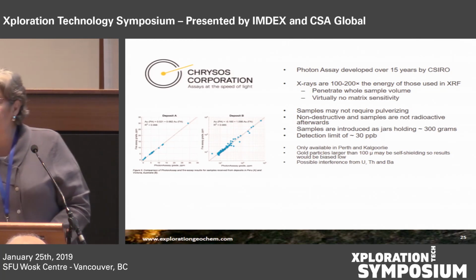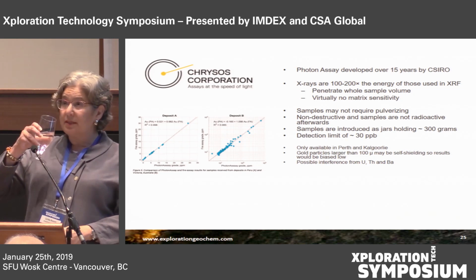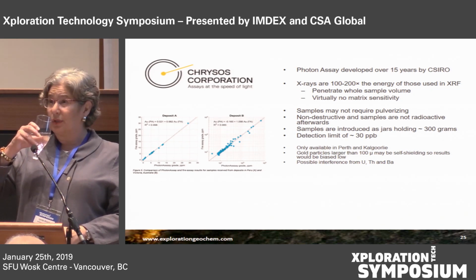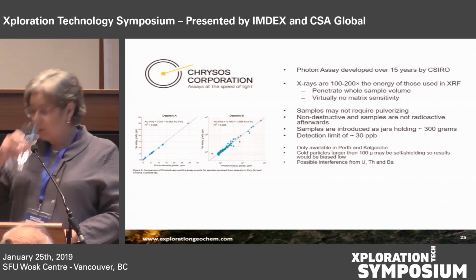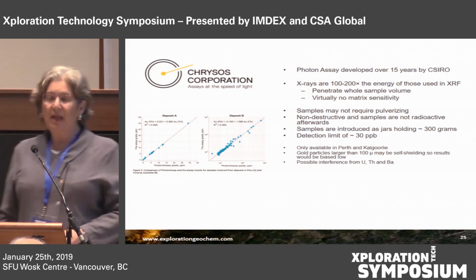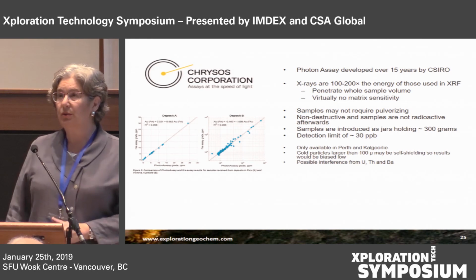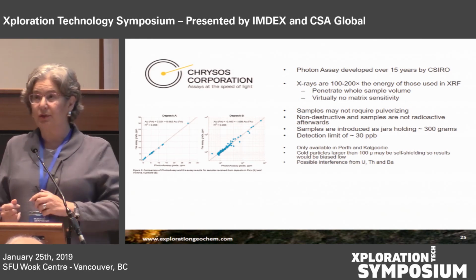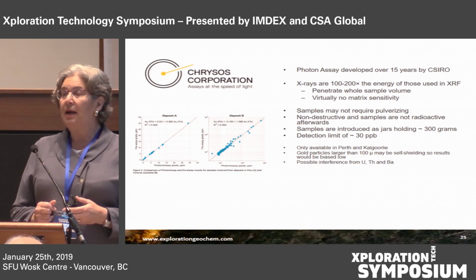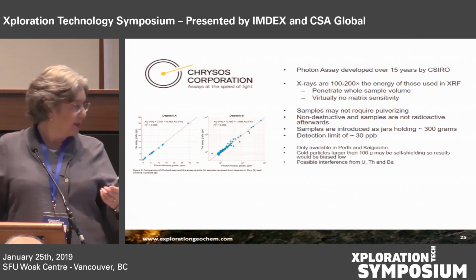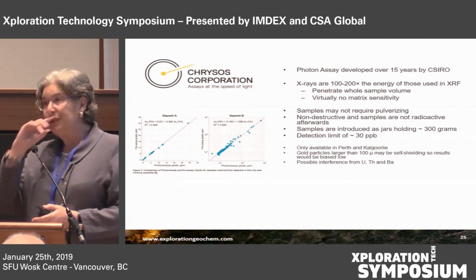Okay, so everything's got a limitation. Right now, the problem is there's only one unit in the world. It's in Perth. A second one has been shipped to Kalgoorlie, and a third is on its way to Kalgoorlie. So that's not great for projects in North and South America right now. It is something I think you should be aware of because it could someday be coming to a lab near you.